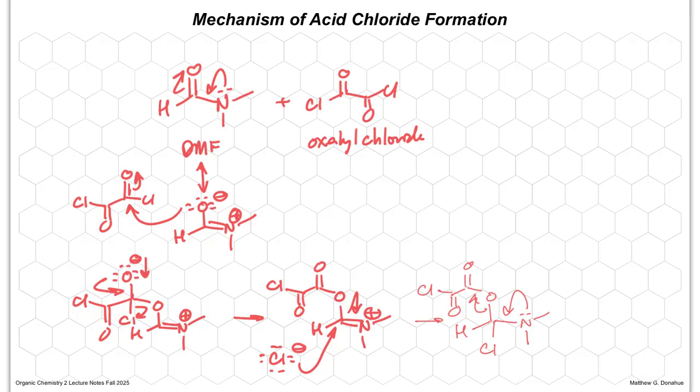Now the weird thing here is that bond will break, but the electrons go on the carbon, which causes a chloride to leave. So here you're forming CO2, here you're forming CO, and then Cl minus.